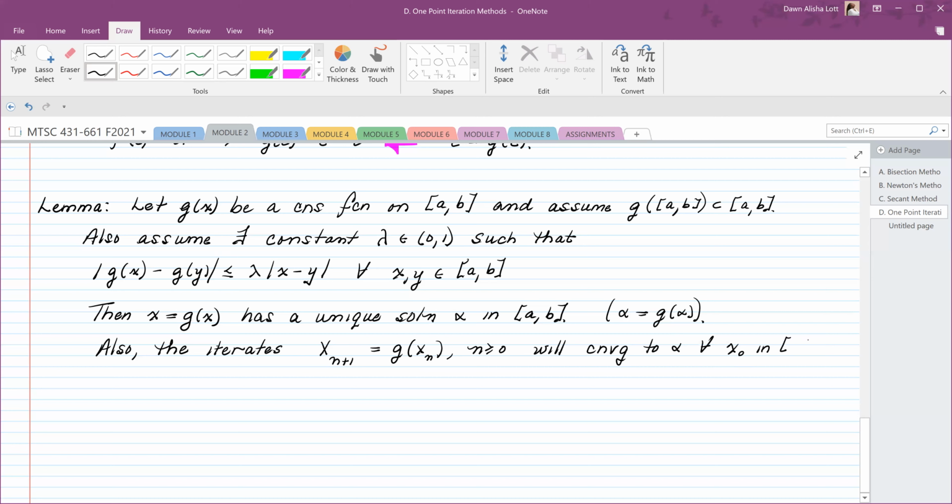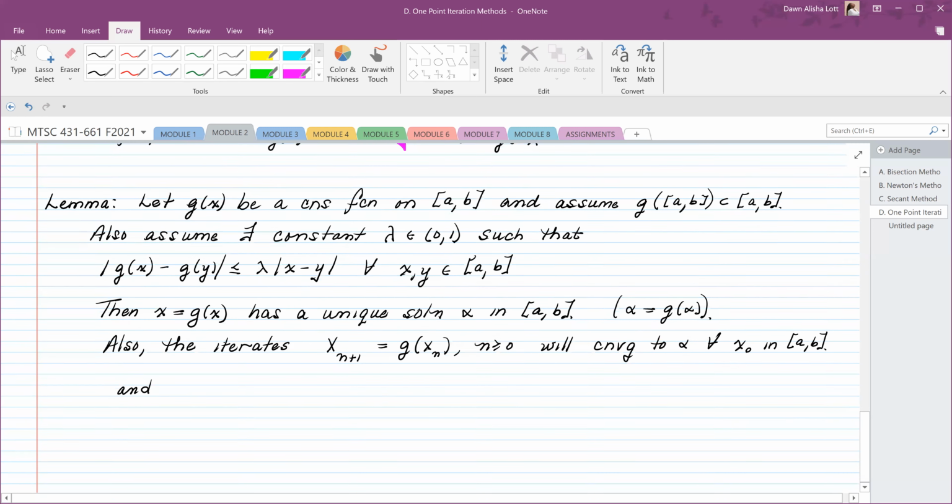So it doesn't matter where you start. Once you start doing x_{n+1} equal to g of x_n, you are going to go to alpha. Okay, so that's true.